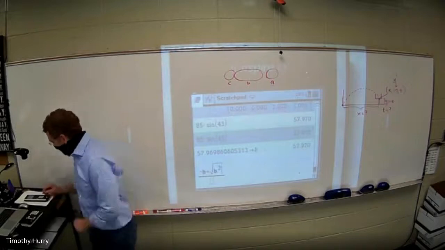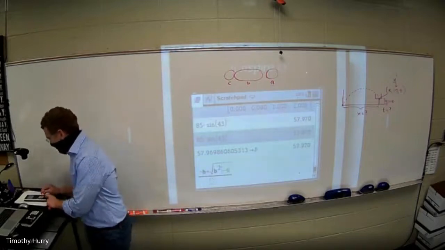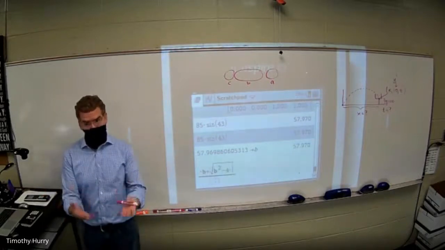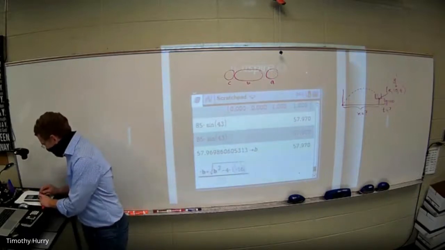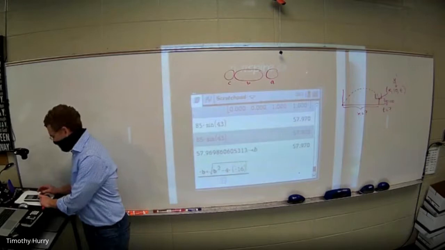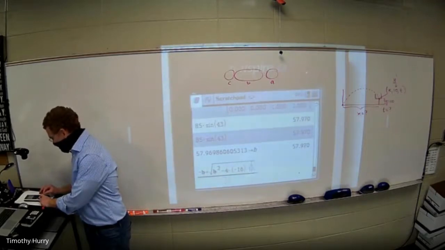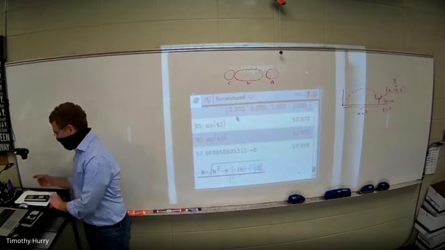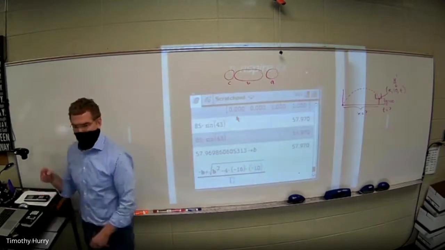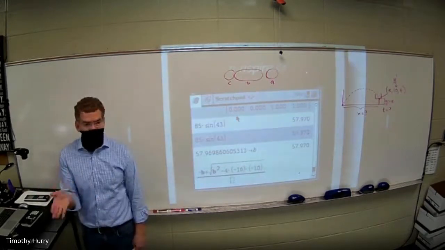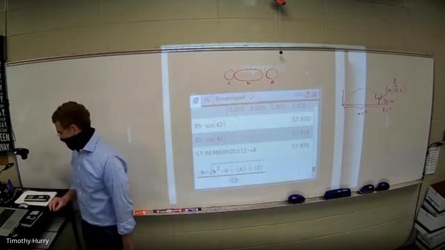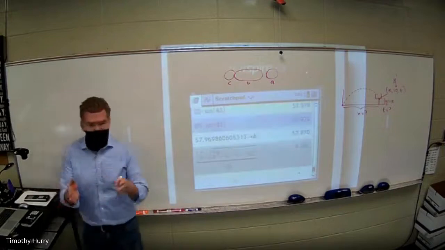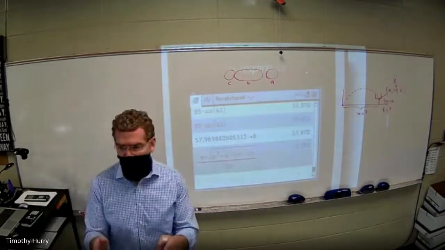Then minus 4 times the A value, which is negative 16, times the C value, which is negative 10, all over twice the A value, 2 times negative 16, which I can handle, negative 32. I hit enter, and it gives me the time it took to get to that height.